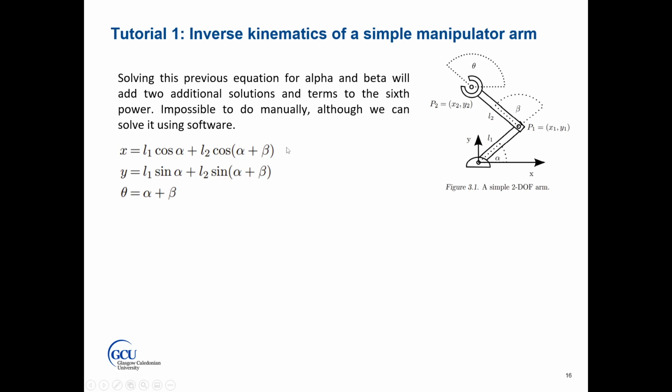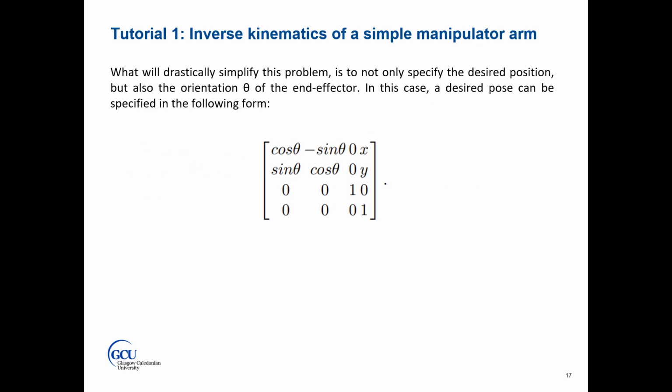In principle, this is a bit difficult to do manually, because as it says here, there will be two additional solutions and times to the 6th power. But we are speaking about robotics, and not only do we care about x and y, but we also care about theta. The fact that we are forcing a possible orientation makes the solution much, much easier.